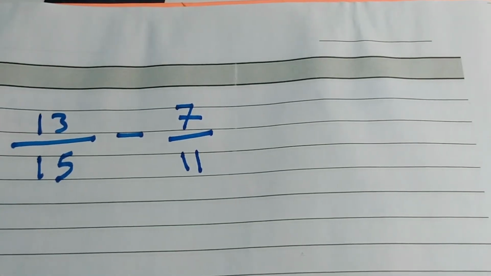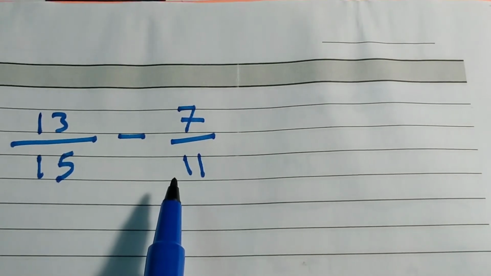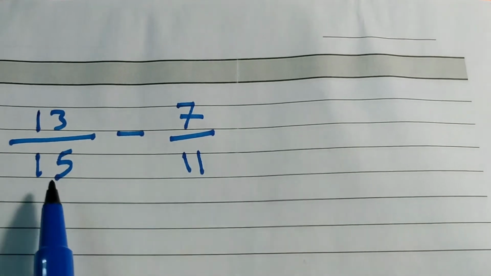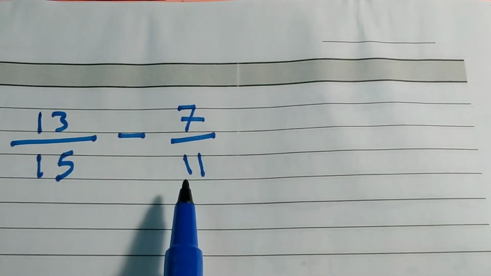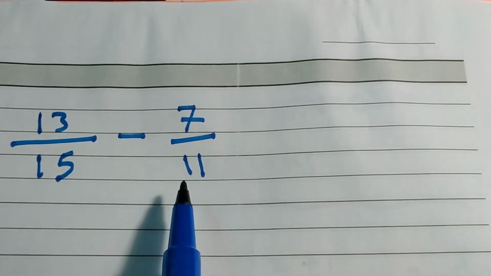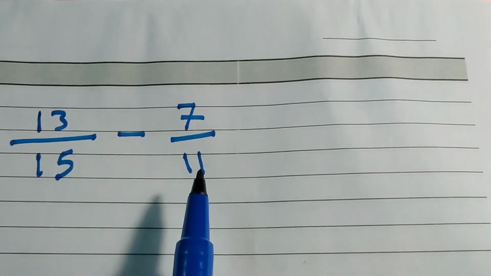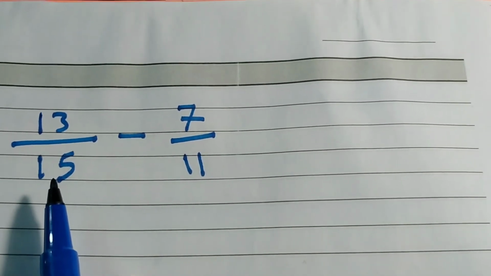My dear, I wrote a little bit big. One more thing, I wrote 11 here. 11 is a prime number. You cannot multiply it by any number to get 15 because it is a prime number. And even sometimes, when you multiply the small number by any number, you will not get the big number.